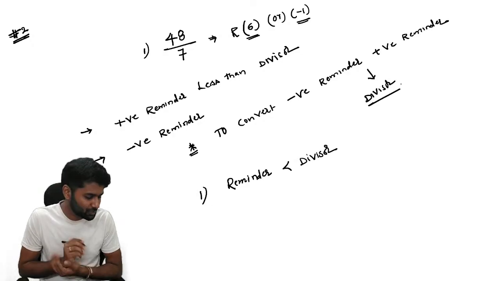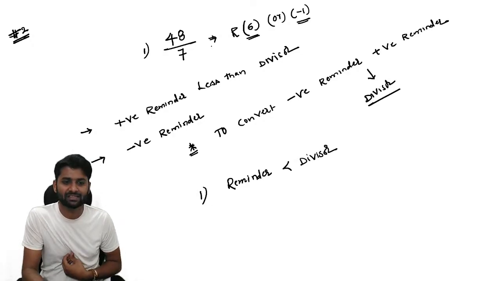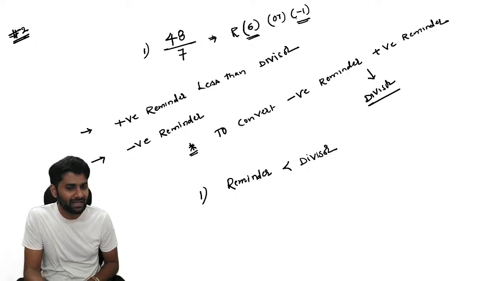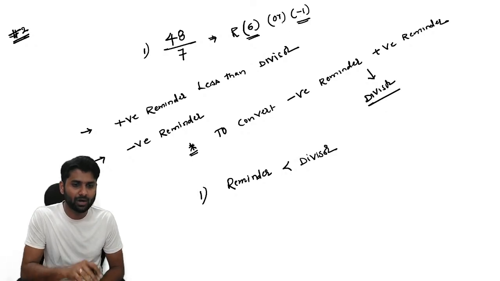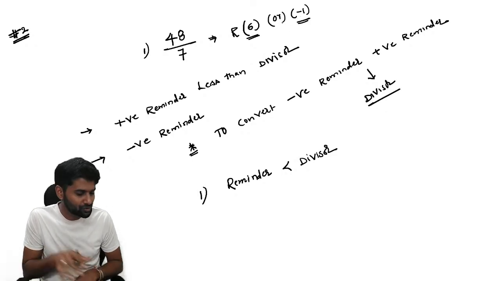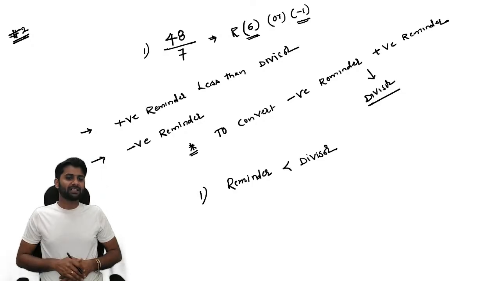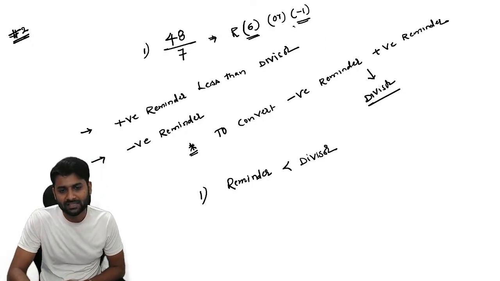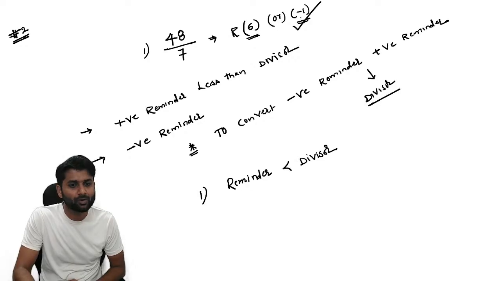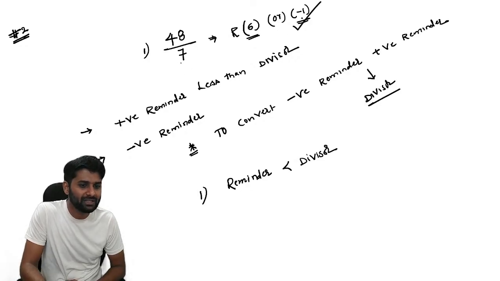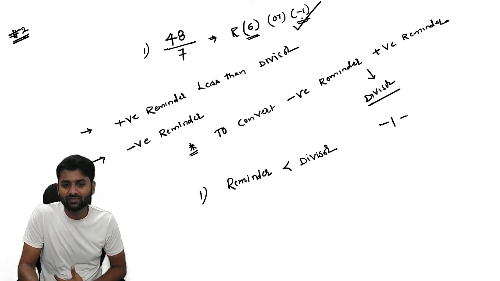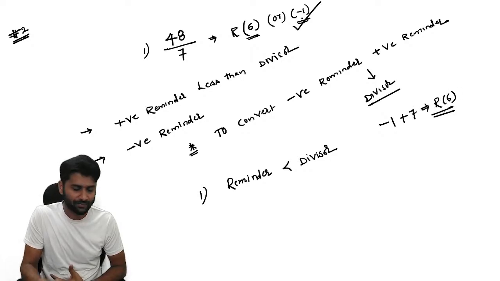For example, if you consider -1 in your calculation, but you can't find negative values in the options, that's why the conversion says that if you consider the negative concept, you have to add this value to the divisor value. If -1 is added to the divisor, then the value becomes 6.